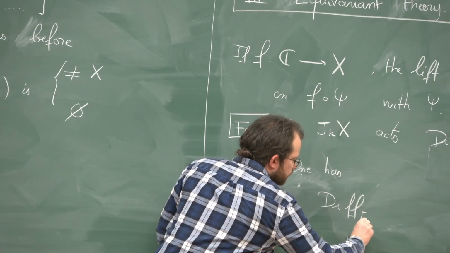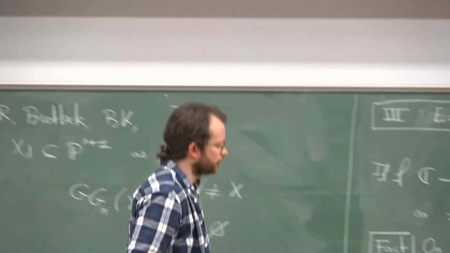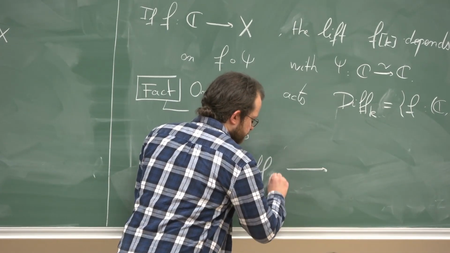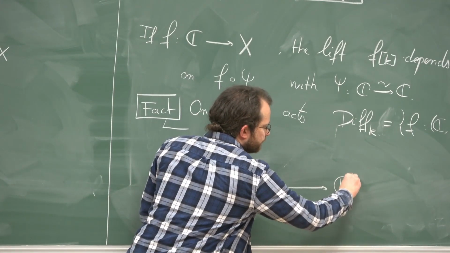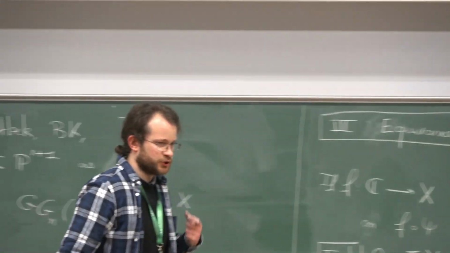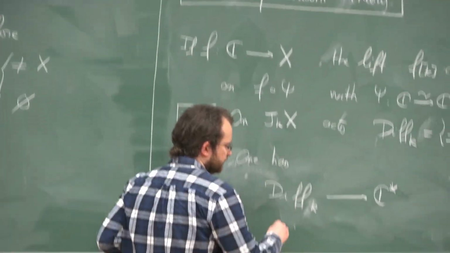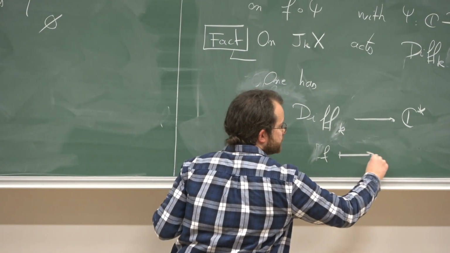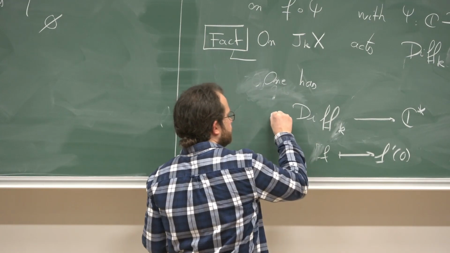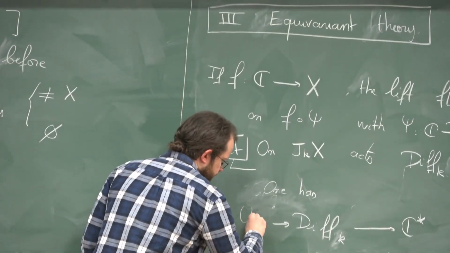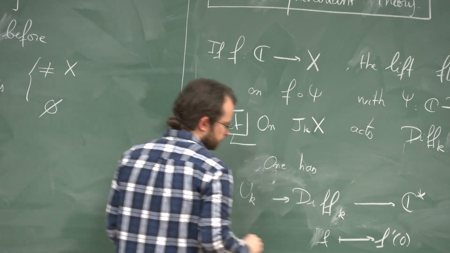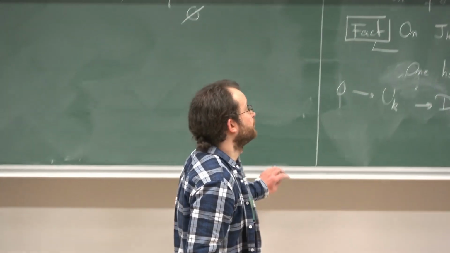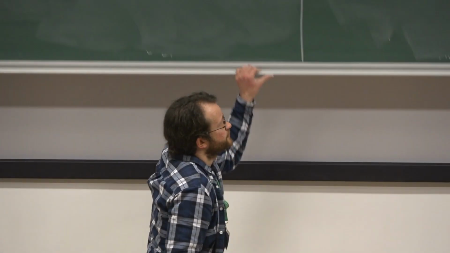So I think Sergei will give you tomorrow formulas that explain that fact. But if you have this group Diff_k, then you have a reductive quotient which is just C star, which is given by sending such a diffeomorphism to its derivative at 0. And you have a unipotent radical which is actually the main source of a problem in this theorem.